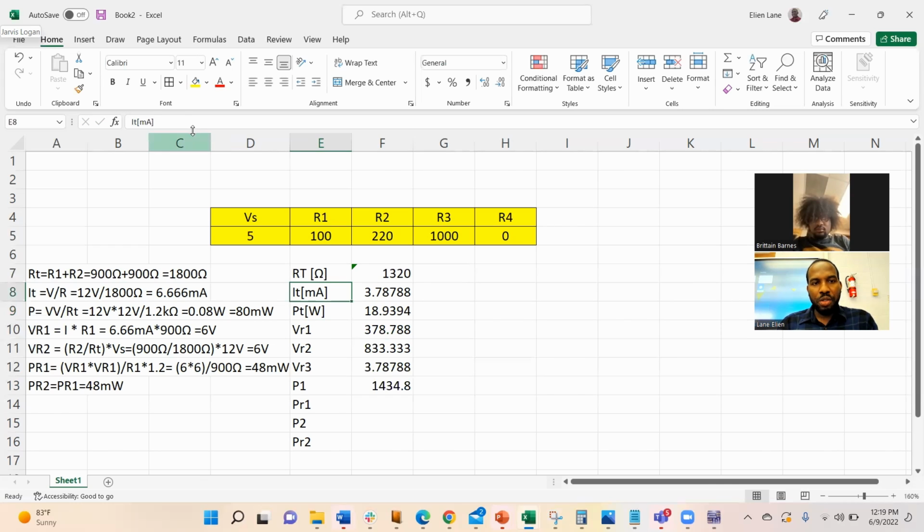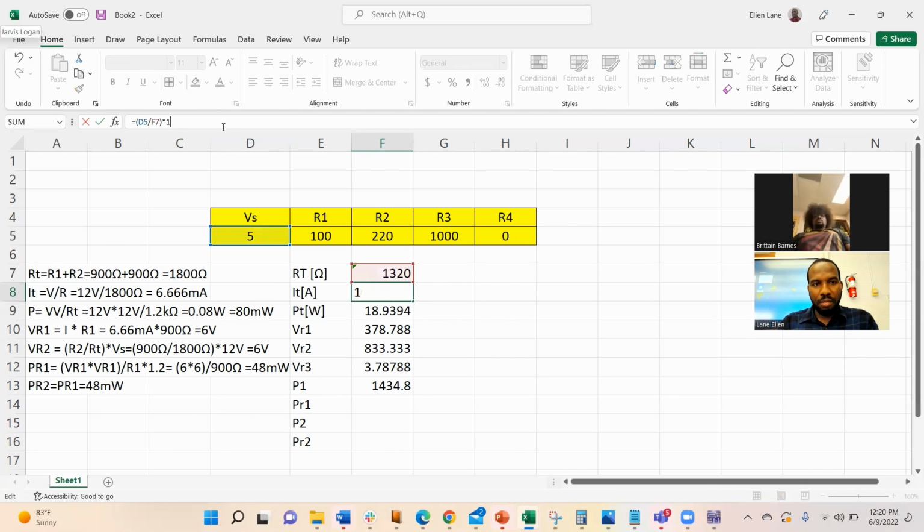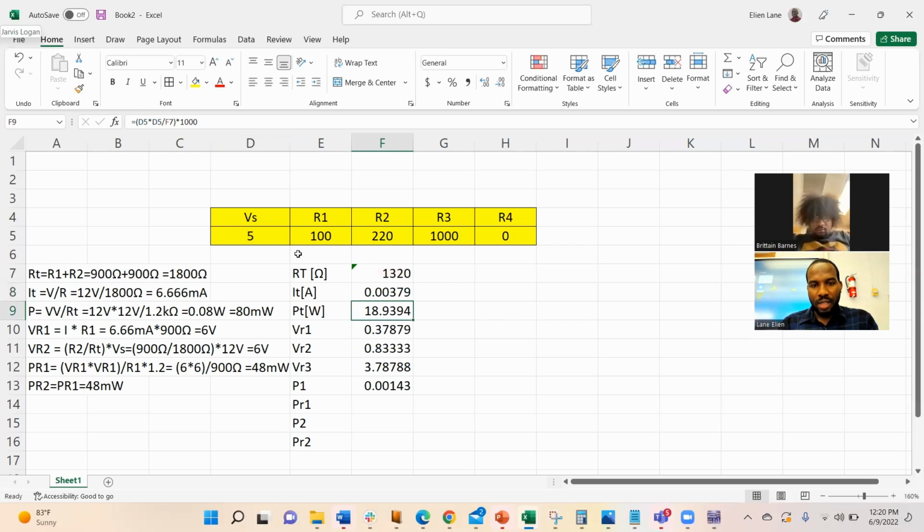You see, if we convert our current to milliamps and we use it, then our readings will be in milliwatts already. If it's not in milliamps, then we move the 1,000. And for the power, of course, we move the 1,000 as well.